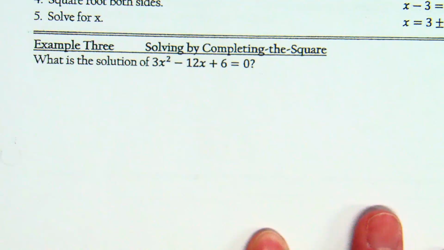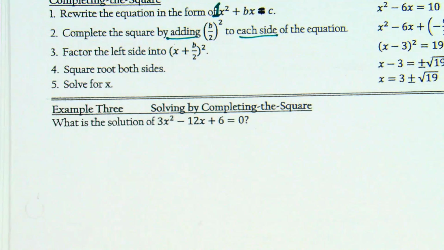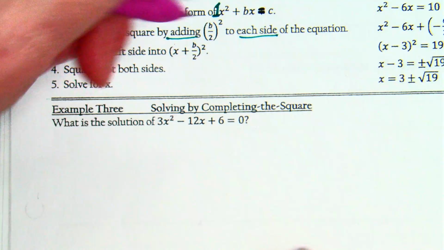Okay. So, let's look at example 3 down here. First step: rewrite the equation in the form x squared plus bx equals c. Right now, we have x squared and x and c all on the same side. So first things first, how do I move that 6? Subtract it.